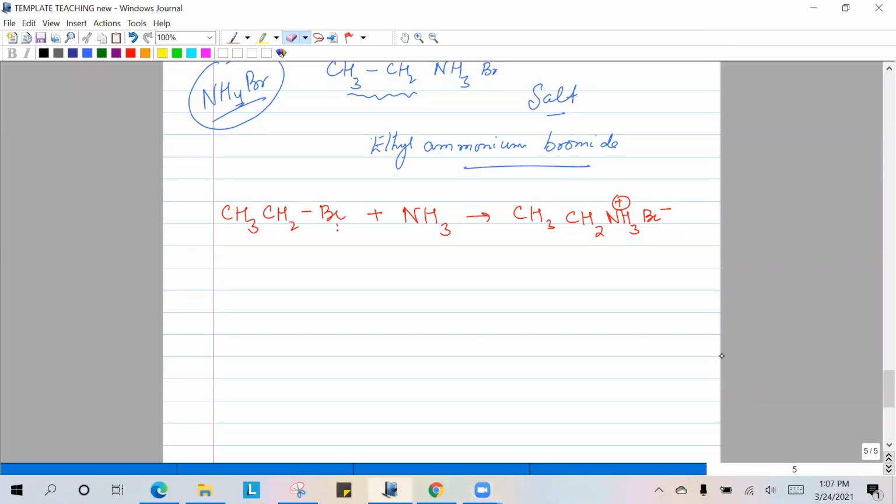Okay, so you have got this as a product, but the problem here is our aim of this reaction is to produce the primary amine.